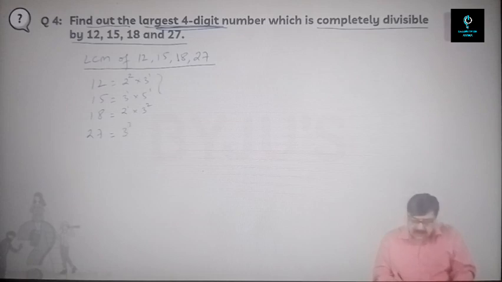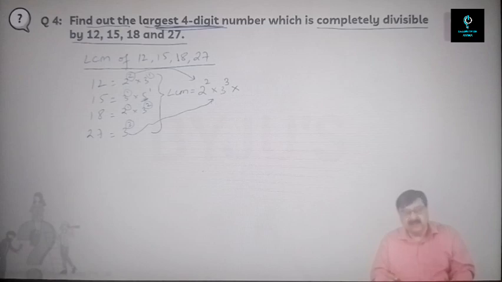So when you take the LCM, you take the highest power. Highest power of 2 is 2 here and 1 here, so 2 power 2. Then highest power of 3: 3 power 1, 3 power 1, 3 power 2, 3 power 3. So this shall come here, that is 3 power 3. Into 5, which is mentioned only once, and the highest power of 5 here is 1.